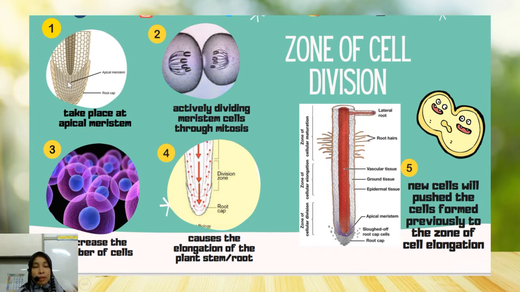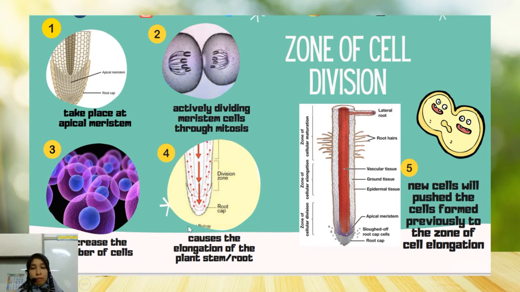At the apical meristem, you have to know that cells are actively dividing by mitosis. Number two, actively dividing meristem cells through mitosis. Number three, when it is actively dividing, it will increase the number of cells at the zone of cell division.